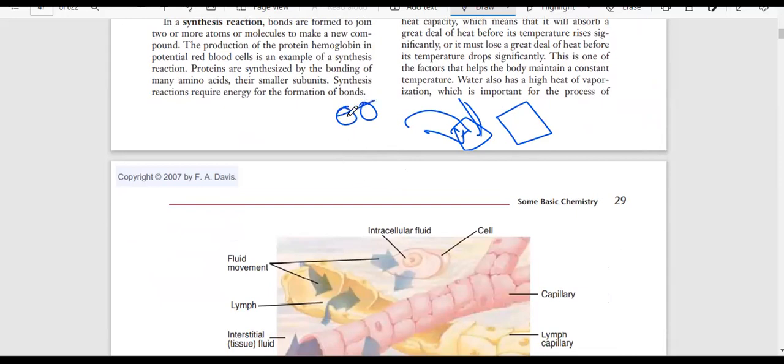So that's the reason hydrogen bonds are there. They are three-dimensional, so they will convert to any shape. If you put them in a glass, they become the glass shape. If you put them in a bottle, the bottle shape. If you take a handful of water, it will become the shape of the hand.